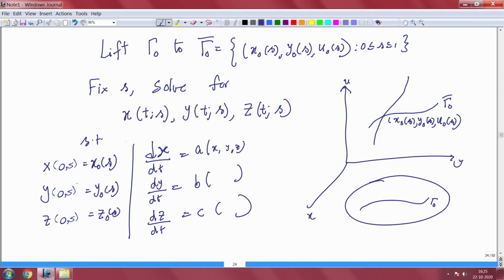So you have a system of three unknowns x, y, z with initial condition. When you change s, you have a characteristic.